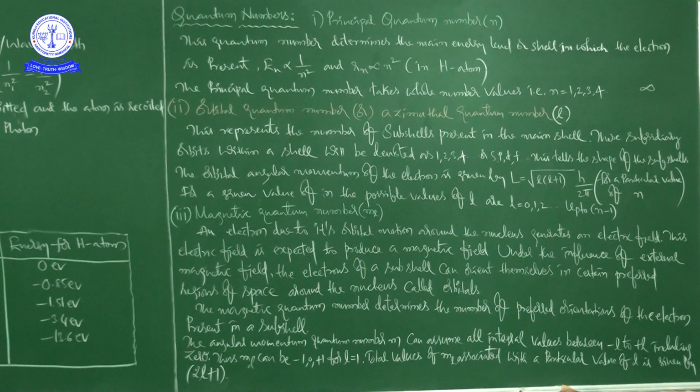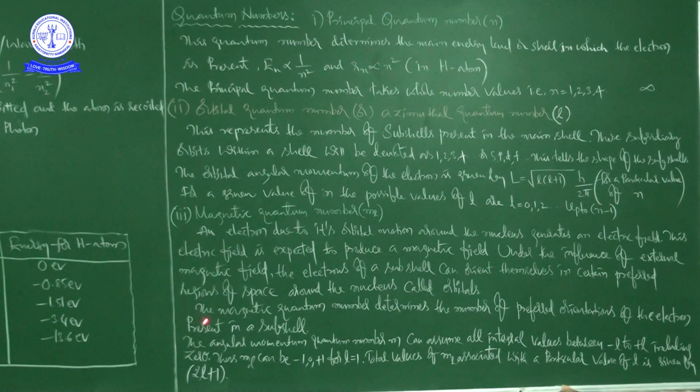So, in the magnetic quantum number, he is talking about how the electric field is present, how the magnetic field is present, and how the orbitals are going to form. Afterwards, he has given the purpose of the magnetic quantum number, which determines the number of preferred orientations of the electron present in a subshell.